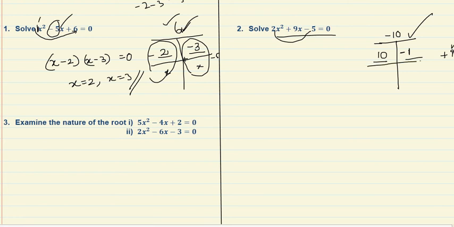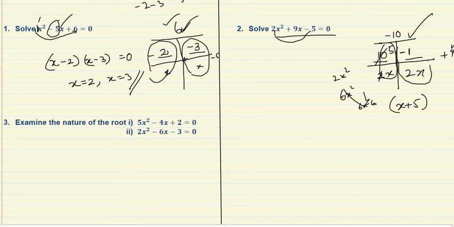Now just draw a line, one more line. Here 2x square I have, split it, 2x, 2x. If it is 6x square, what will you do? 6x, 6x, like that. Now 2x, I can cancel this, it will become 5. Here I can't cancel this. Write down first, root is x plus 5, and here 2x minus 1 equal to 0.